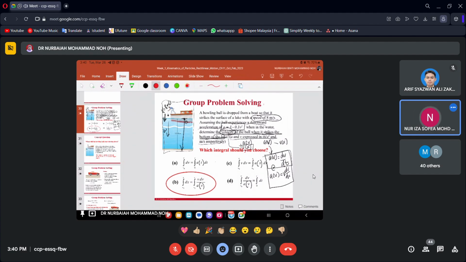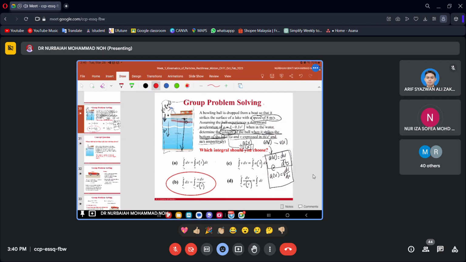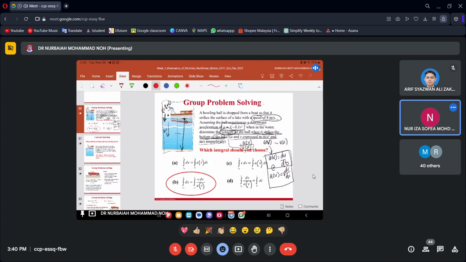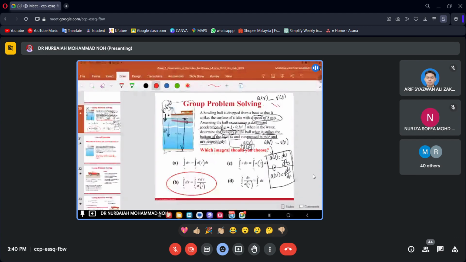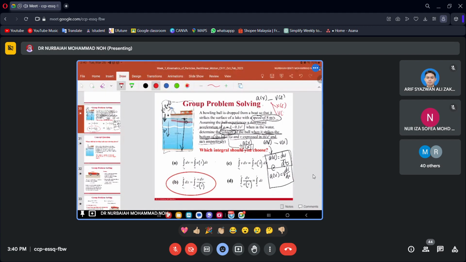Kalau integrate dv over dt, aku dapat dt. Kalau I ada a as a function of v, you boleh derive v as a function of t, you boleh derive x as a function of t, you boleh derive v as a function of x.